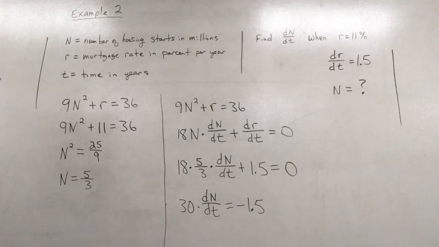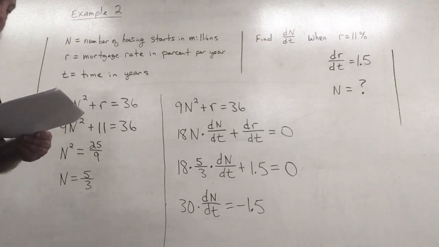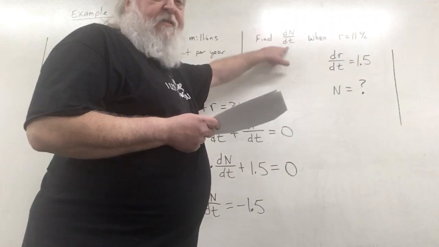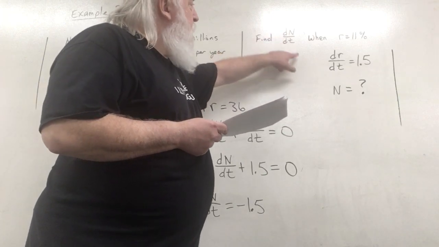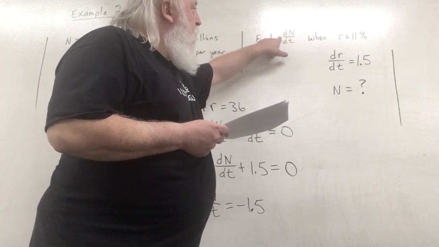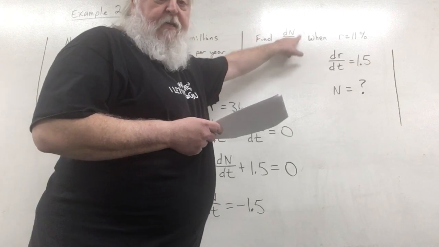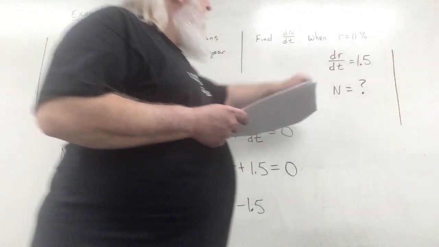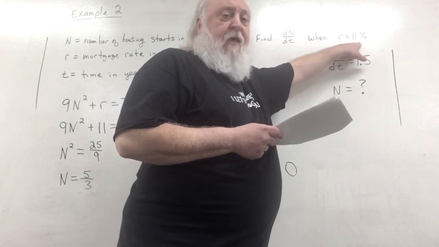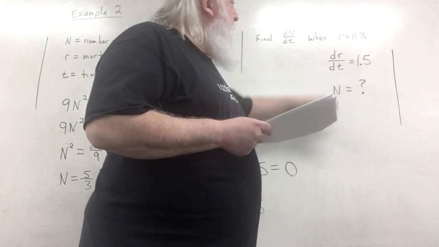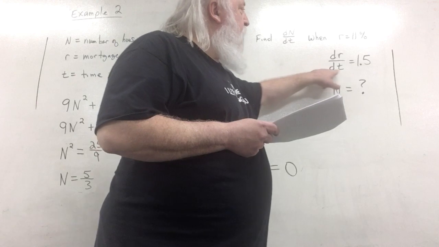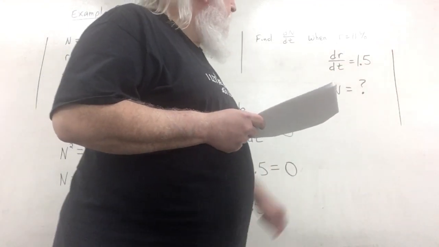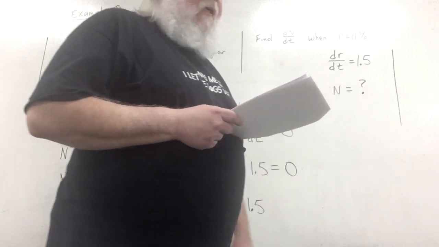Where it asks for the rate of change of the number of housing starts with respect to time, the derivative we're looking for is dN/dt. We're trying to find that when the mortgage interest rate is 11%, and the mortgage interest rate is increasing at the rate of 1.5% per year. So we're given dR/dt.